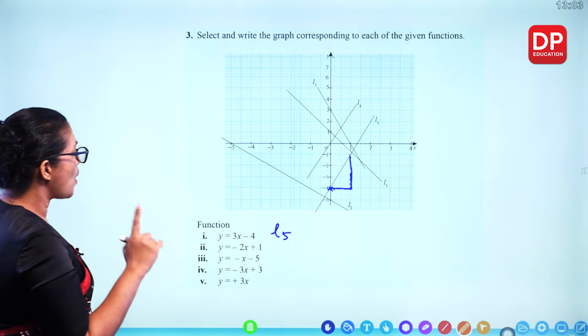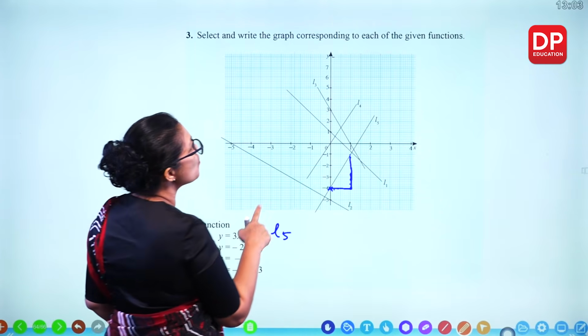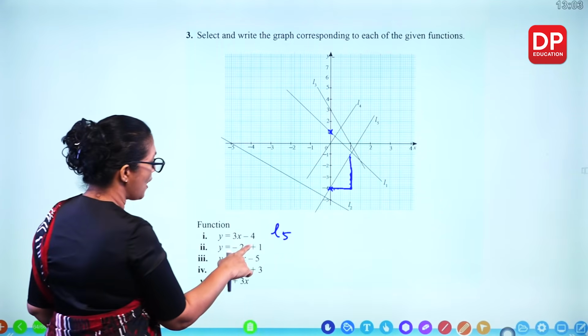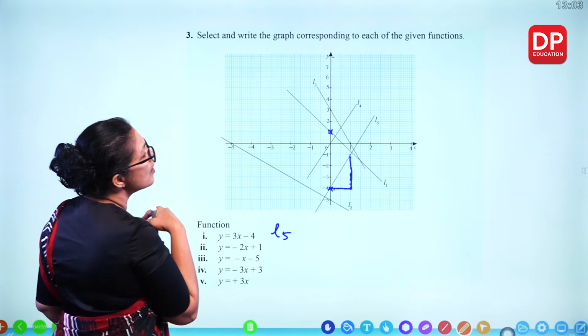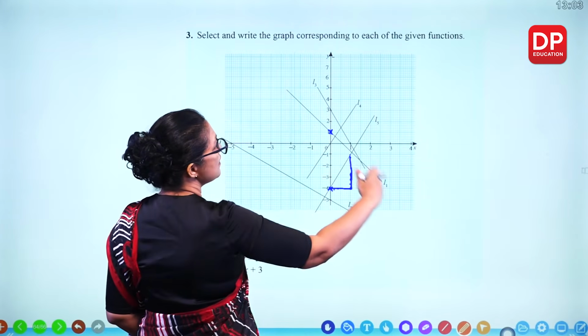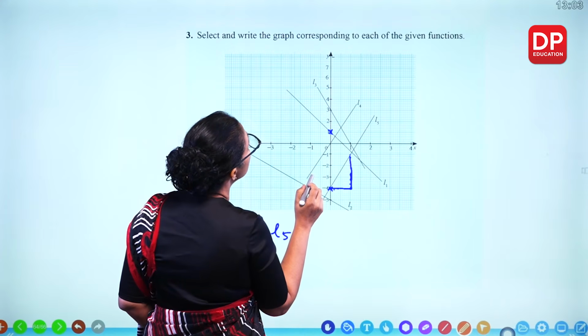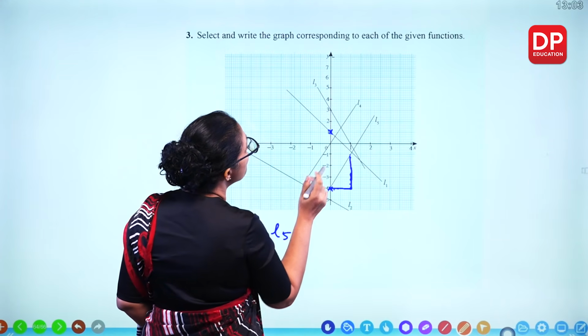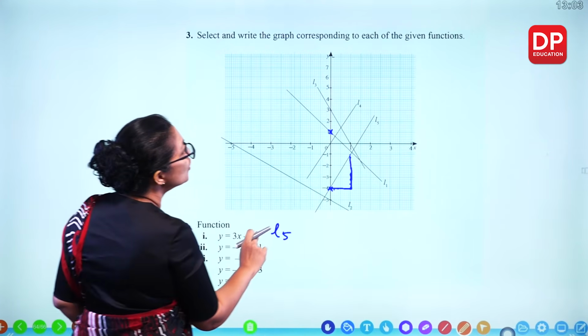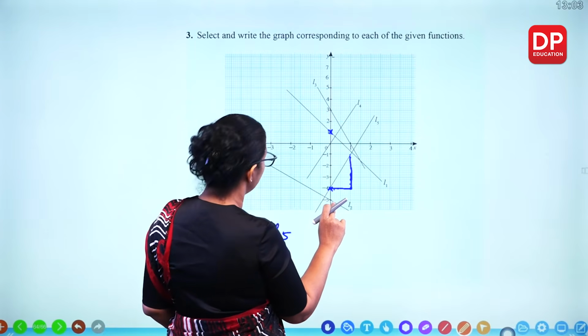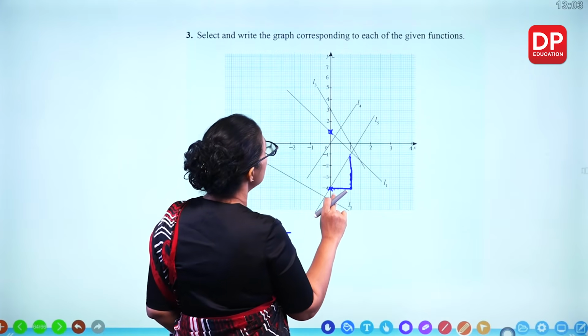Minus 2x plus 1. Y-intercept is 1. Here. Now we'll check whether the slope is 2. This line is minus this way. That's correct. And we'll take a point and see. This is like 2 and 1. Slope is negative.